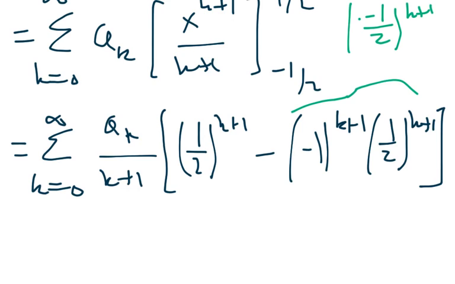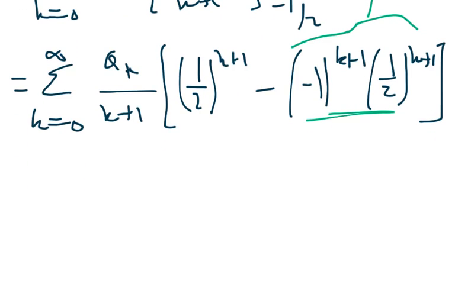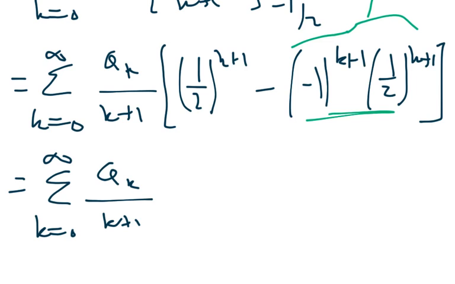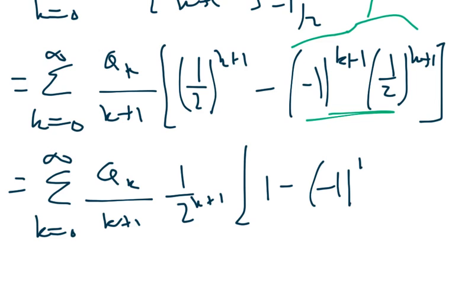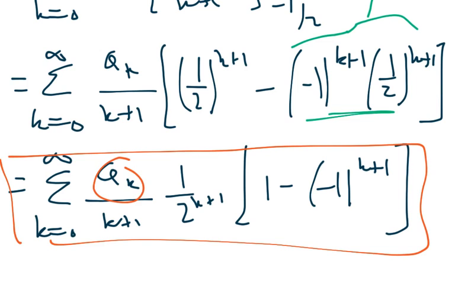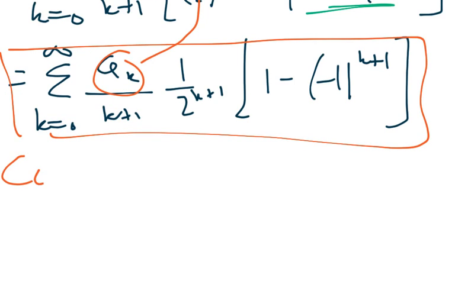So we talked a little bit about that in the last video. So I like to write it like this because then I can write the sum from k equals 0 to infinity of a_k over k plus 1, times 1/2 to the k plus 1, times 1 minus minus 1 to the k plus 1. Okay, and this is the preferred way to write it. You've already defined your a_k somewhere up above, so that's fine. And this works, actually. This is the correct answer because it was all within the radius of convergence.